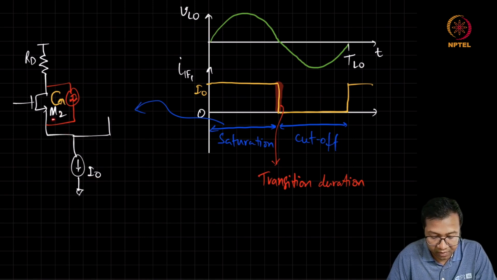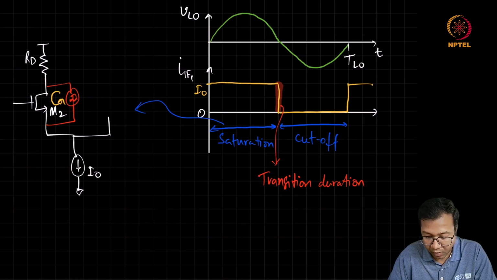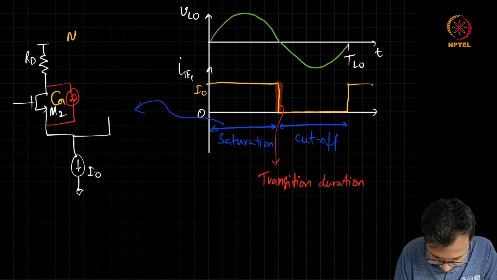So M2 will see very strong degeneration. Any noise current will just loop back and nothing will appear at the output. So IF1 will have zero contribution due to M2 when M2 is completely turned on while M3 is turned off.